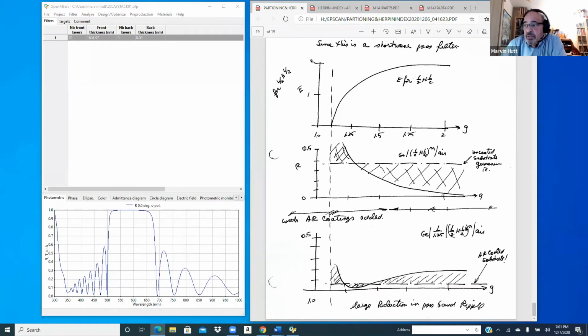This is the substrate, and we AR coated the substrate, and we bring a large reduction down in the band pass ripple. Okay, and this is how we shipped the cameras out of England and gave them to the Russians, and they put them together, and then we left them because then I think we boycotted the Olympics, as I remember it. So we put these coatings, put the Russians into color TV.